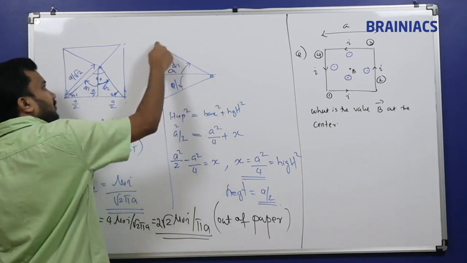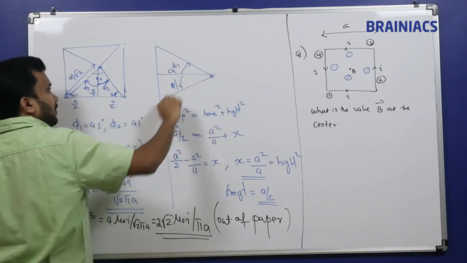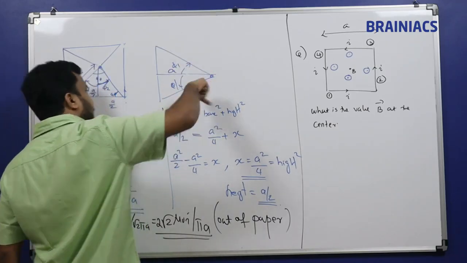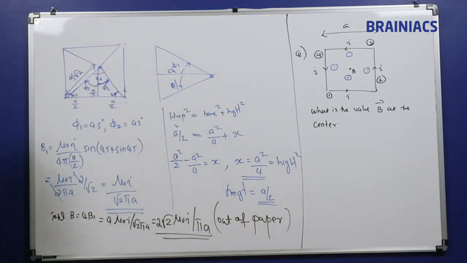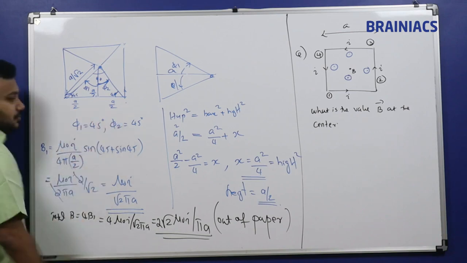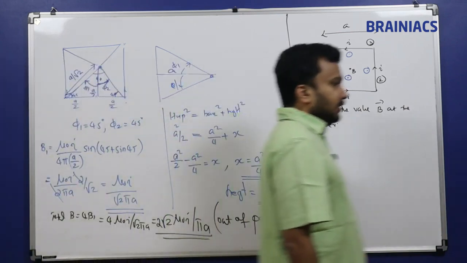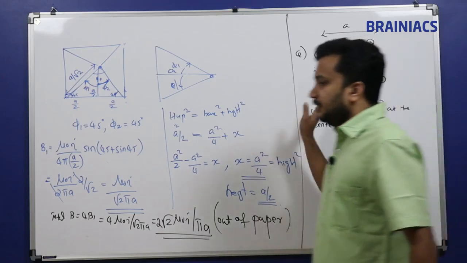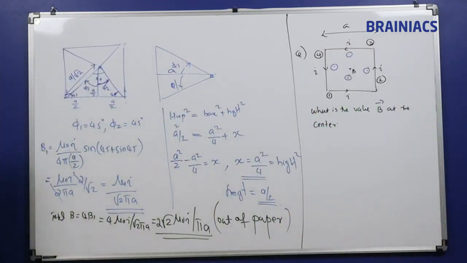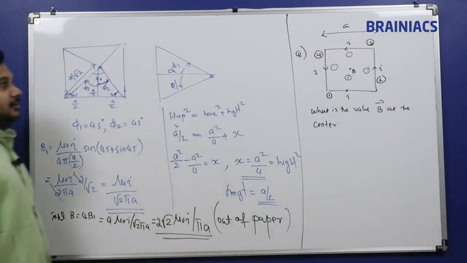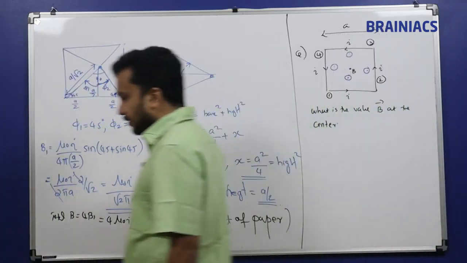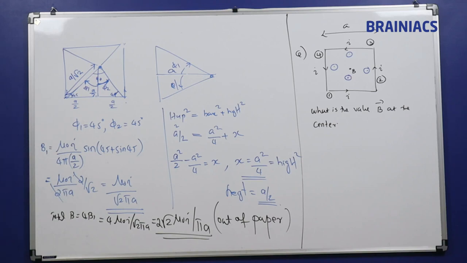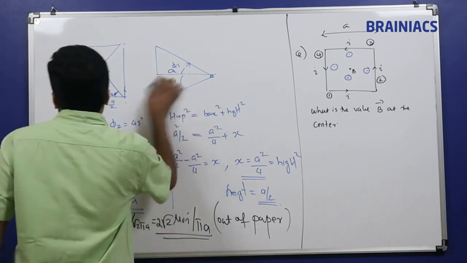From this point to the upper edge and lower edge, upper edge is phi 1, lower edge is phi 2. So phi 1 is 45 and phi 2 is also 45 degree. We substitute the values and get the magnetic field intensity due to the current carrying square shaped structure. Okay, hope this is clear to you. So this was the idea behind this model of questions.